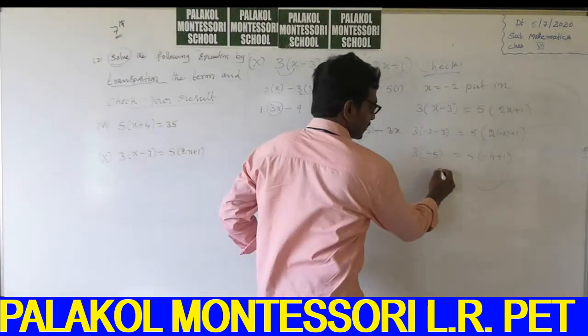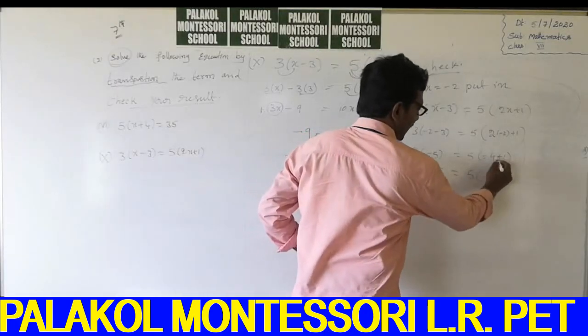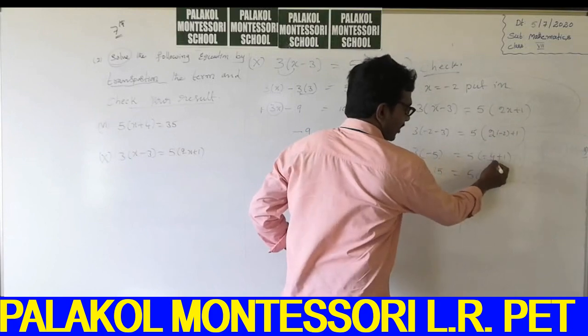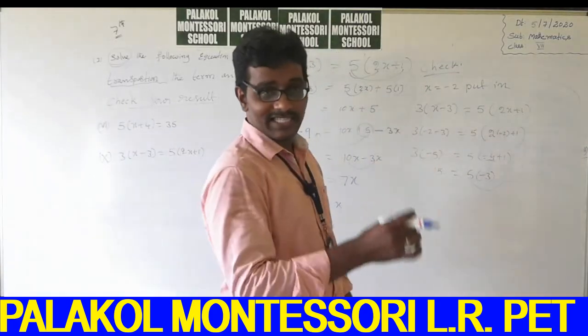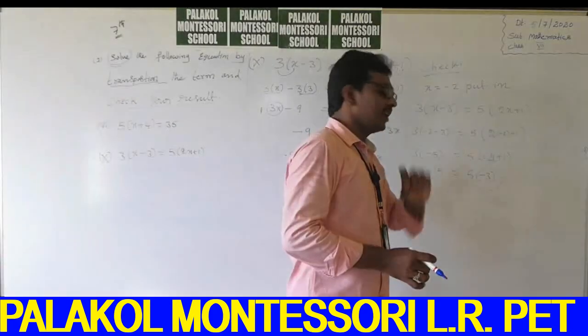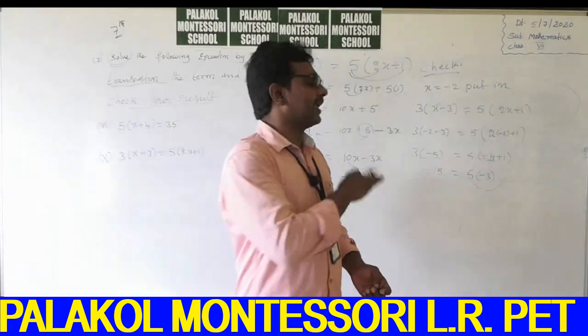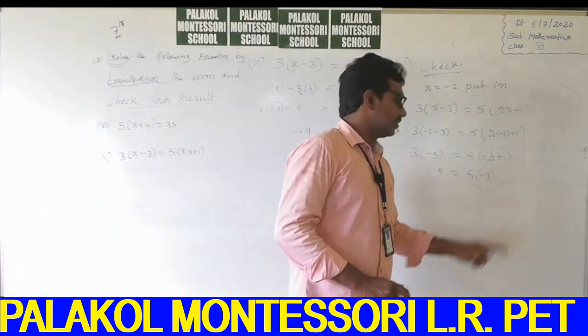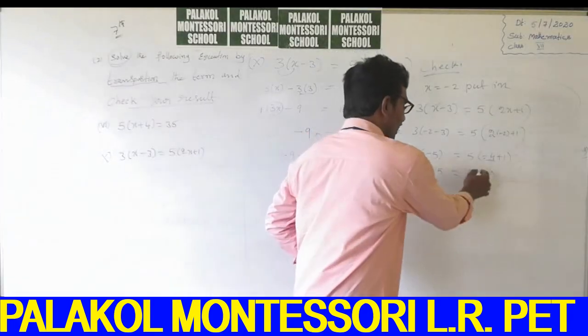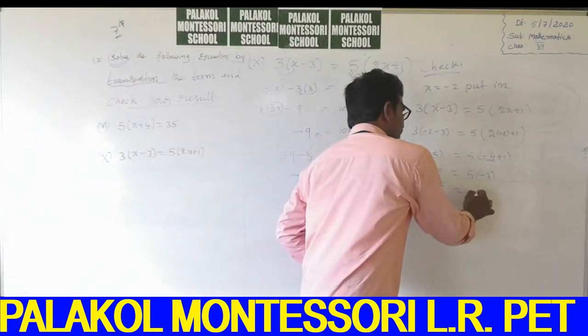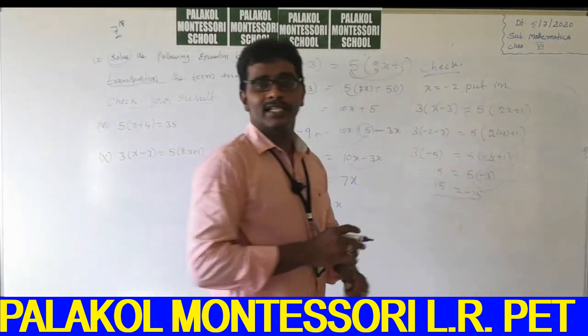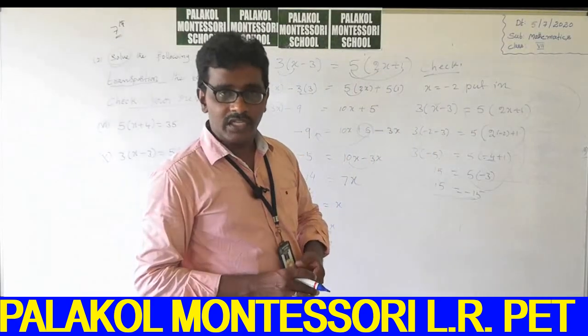So this is minus 15. 5 of minus 3. Why? Because minus 4 is the greatest number, and its sign is negative, so the smaller number is subtracted from the bigger number, 4 minus 1 is 3. Plus into minus is minus. So minus 15 is equal to minus 15. So are LHS and RHS equal or not? Equal.